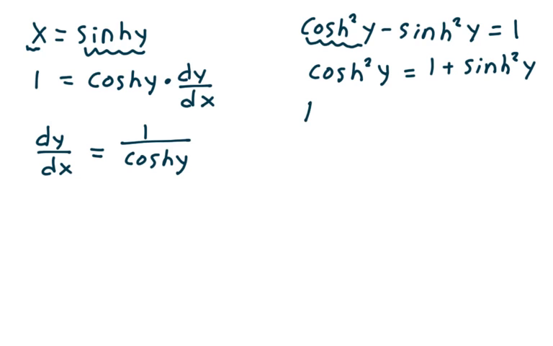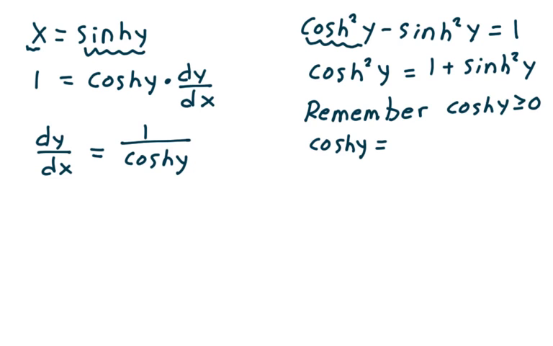But remember, if I take hyperbolic cosine of y, that's always non-negative. Why? Because remember that hyperbolic cosine y is e to the y plus e to the negative y divided by 2, and you're adding up two exponentials that can never be negative. And so that means that the hyperbolic cosine of y can never be negative.